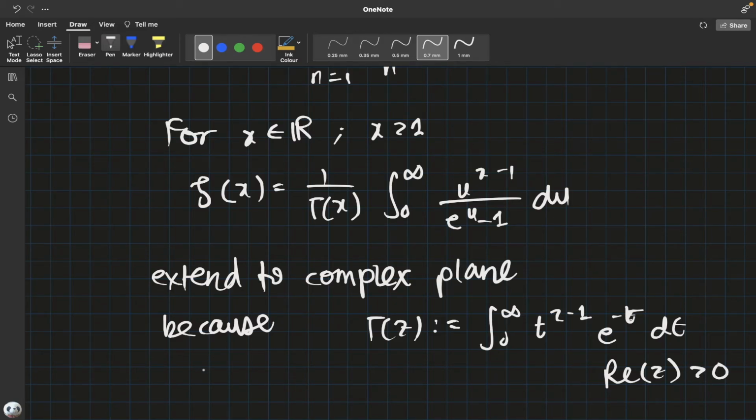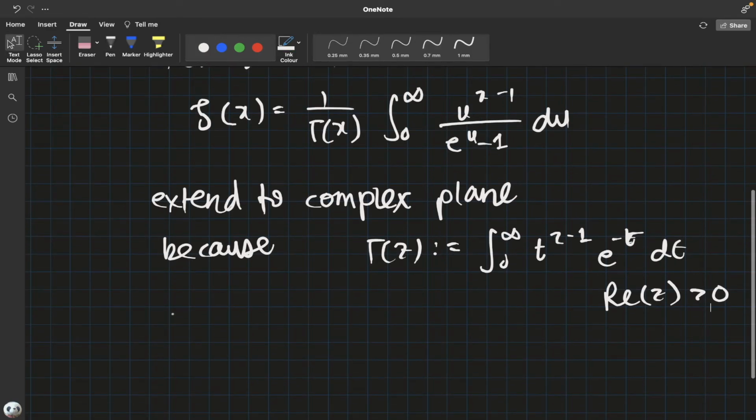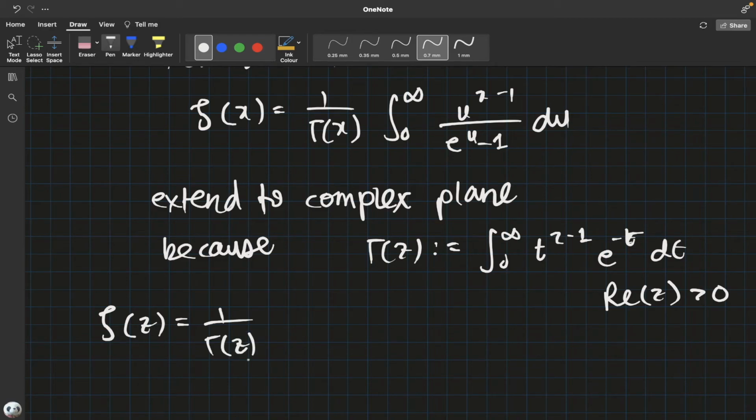Because of this and the complex geometric series, which I just showed on the analytic continuation page, we can have a formula for the Riemann zeta function that looks like this.